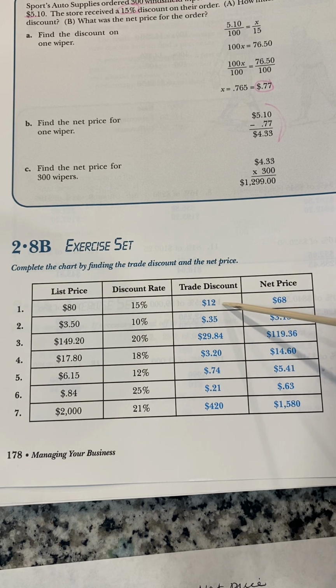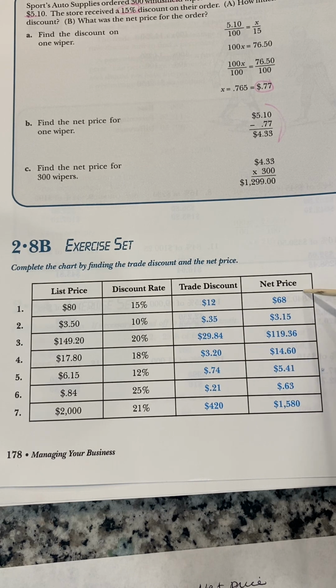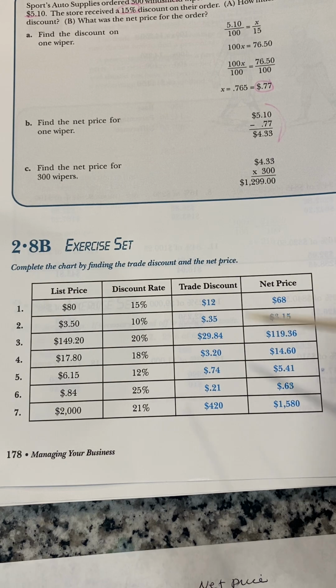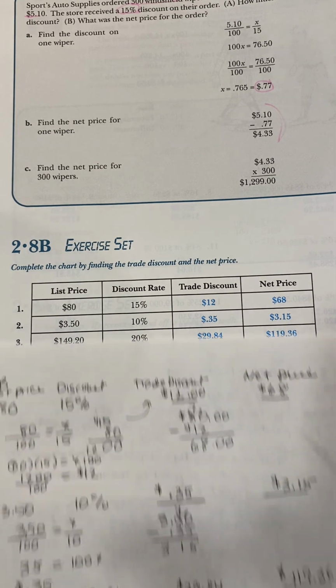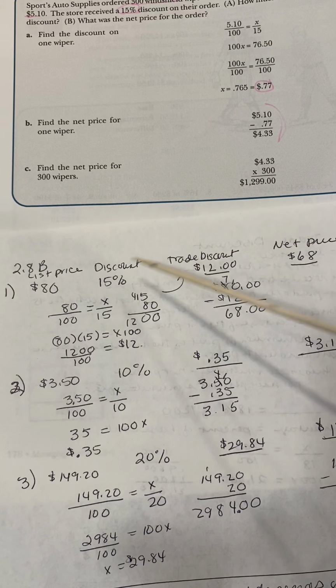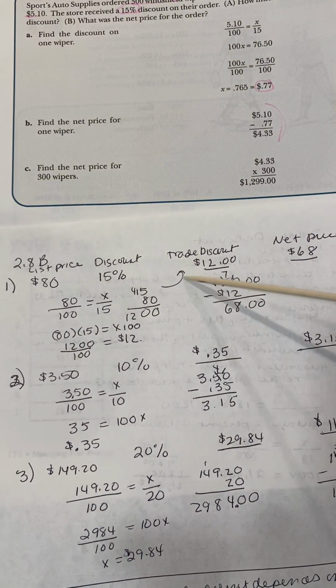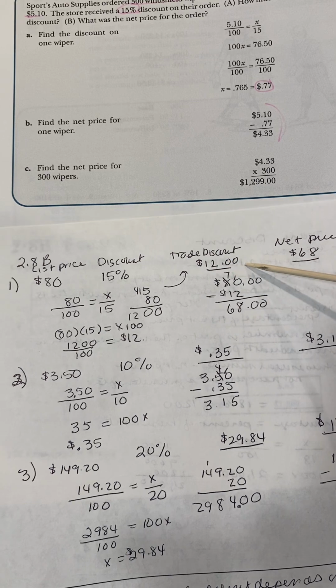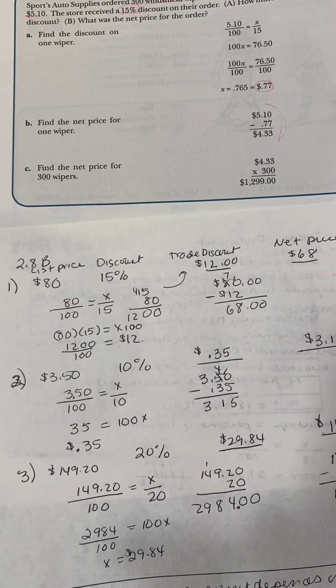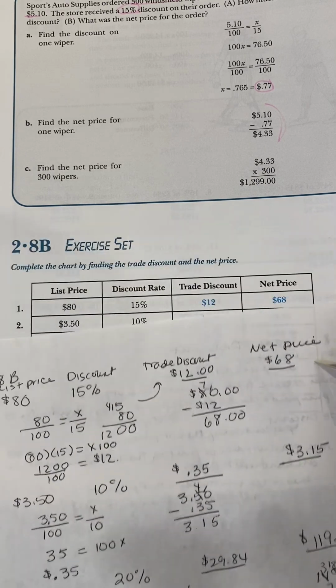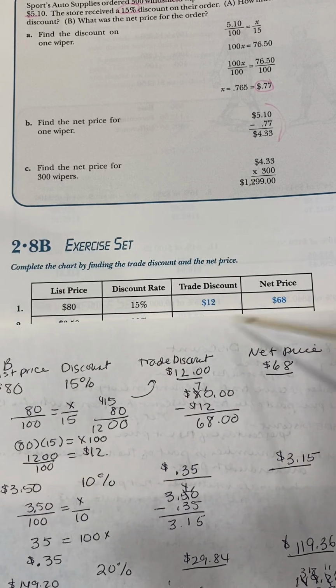The trade discount is how much you have off, and then you subtract that from your regular price to see what you have to pay now. So let's do number one here. We have a list price of $80. The discount is 15% off of 80, and so your trade discount is $12, and your net price is $68.